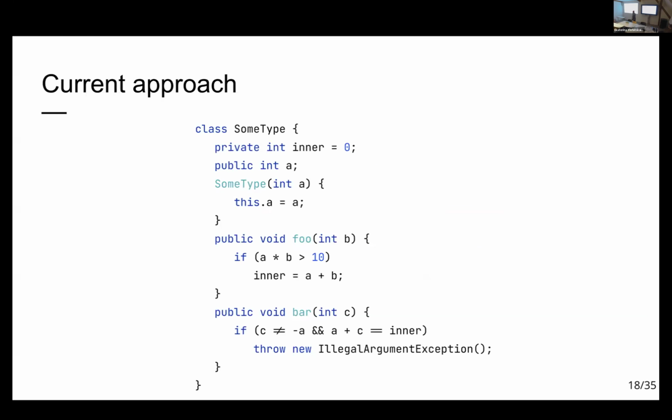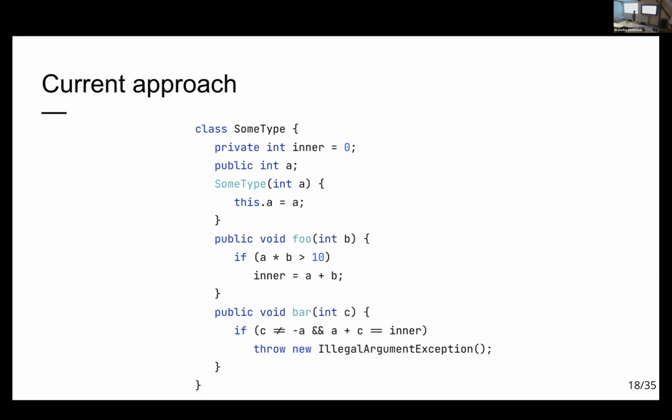Let's look at an example. Assuming that we have this type of class, the problem here is that we want to cover this line. However, if we use only KEX, we will need to somehow test only bar, because KEX does not generate sequences of calls, and KEX will try to set the inner value because KEX ignores privacy.